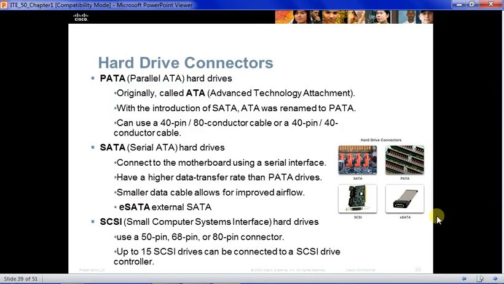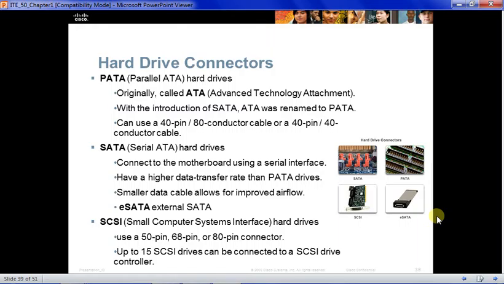Then we have SATA, which is more advanced. It connects to the motherboard using a serial interface. It has a higher data transfer rate than PATA. It's a key thing you want to remember. And they're smaller data cables, so they allow for greater airflow.